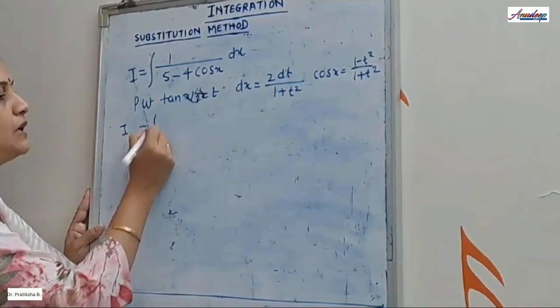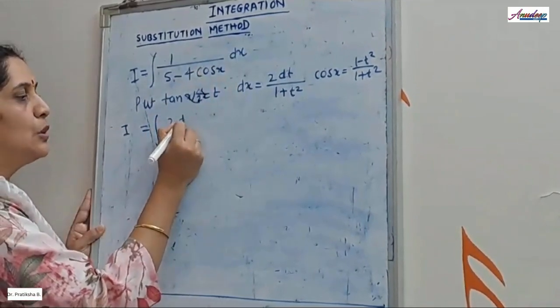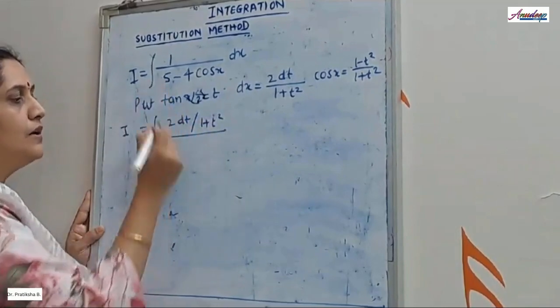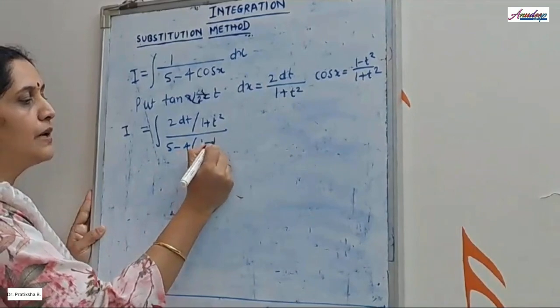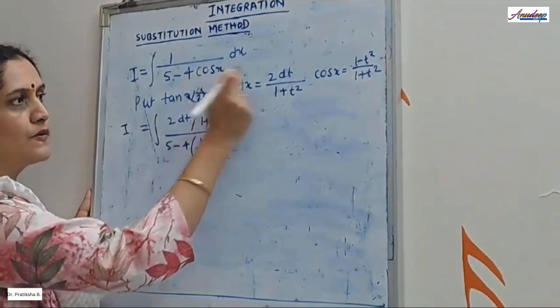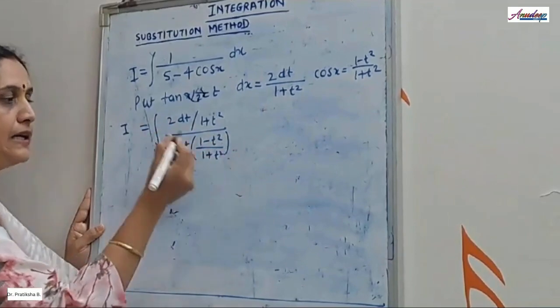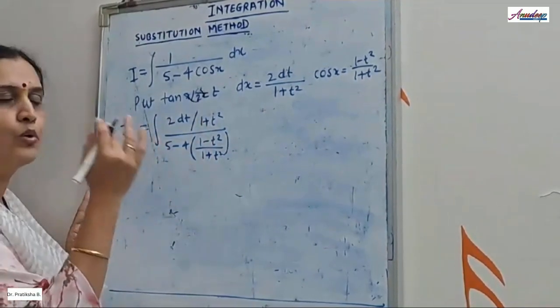So our integral becomes, after this substitution, numerator 2 dt upon 1 plus t square, and in the denominator you have 5 minus 4 into (1 minus t square) upon (1 plus t square), where I am replacing cos x by this value. Take the LCM, you can see 1 plus t square is common in numerator and denominator. We are going to cancel it off.